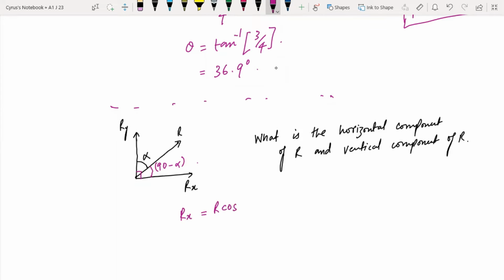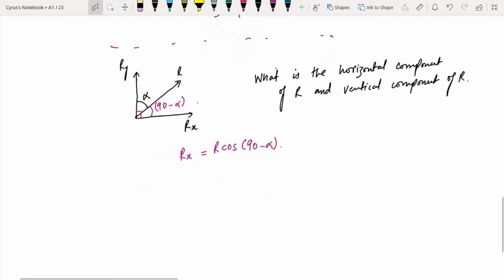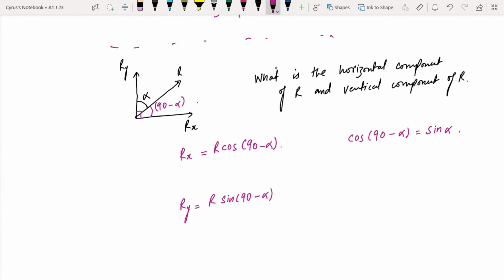So Rx here becomes R cos of 90 minus alpha, and Ry here becomes R sine of 90 minus alpha. But there is a thing here that you should know, that there's a mathematical identity which states that cosine of 90 minus alpha is equal to sine of alpha. ये एक मैथ की आइडेंटिटी है, and sine of 90 minus alpha is equal to cos of alpha.